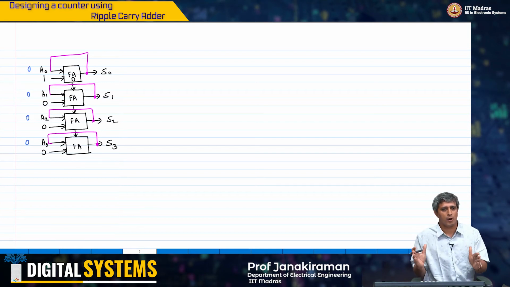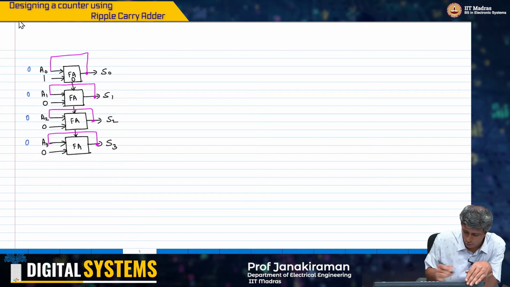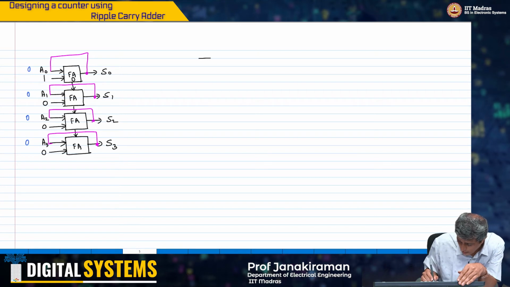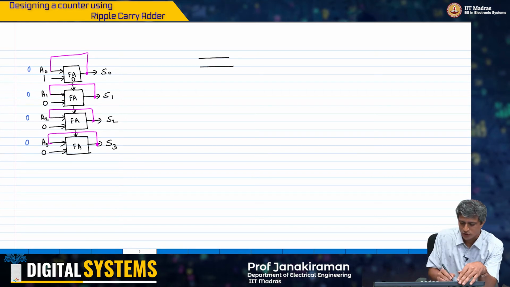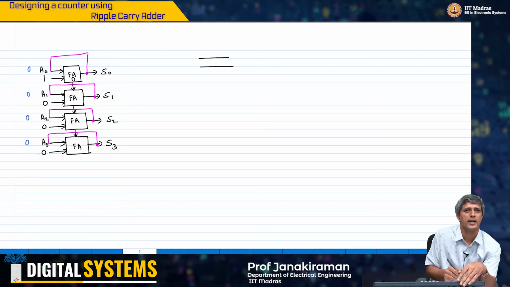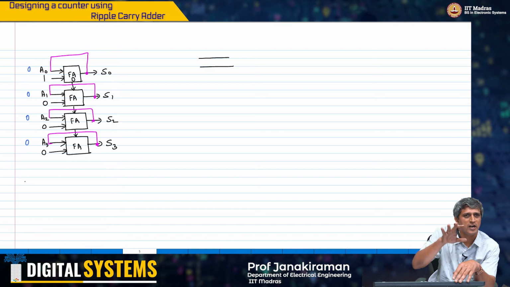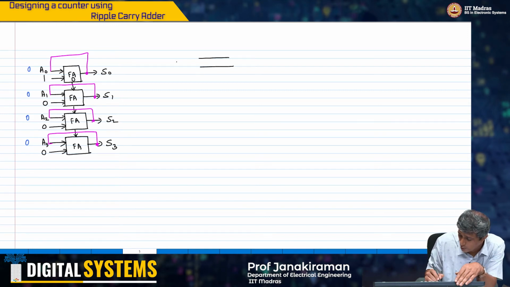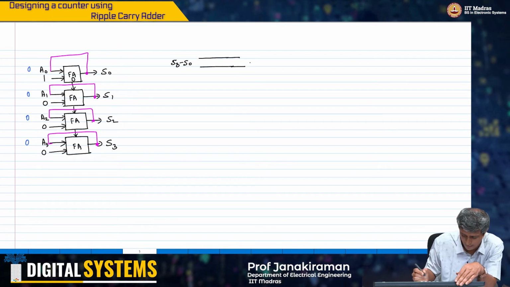S0, S1, S2, S3 is the same as A0, A1, A2, A3 because I have just fed it back. So if I look at S3 to S0, what will happen?